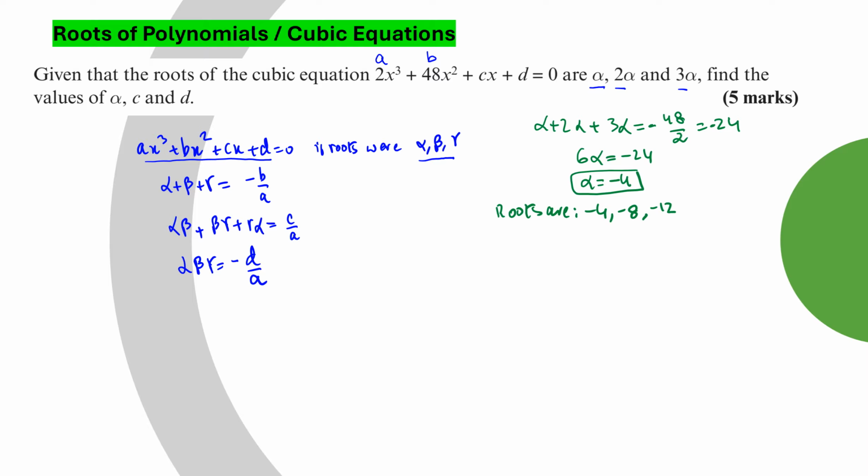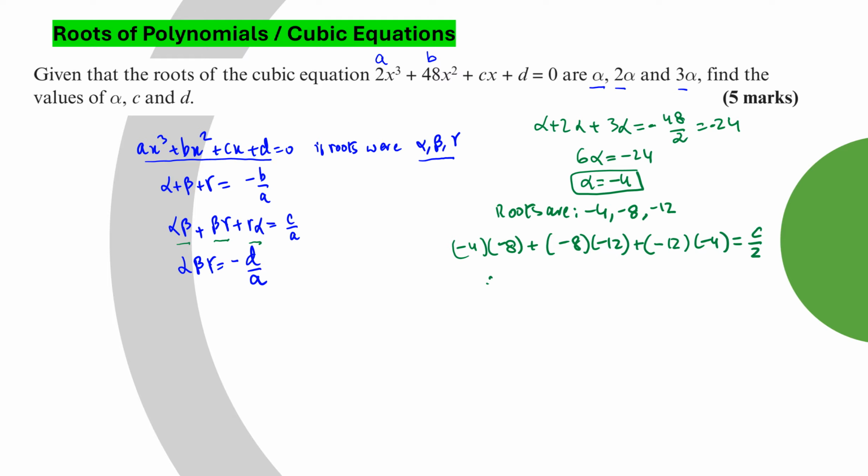So if these are the roots, then we have to work out alpha beta plus beta gamma plus gamma alpha. So we can say minus 4 times minus 8 plus minus 8 times minus 12 plus minus 12 times minus 4, and that is equal to c over a. a is 2, so I will write it as c over 2.